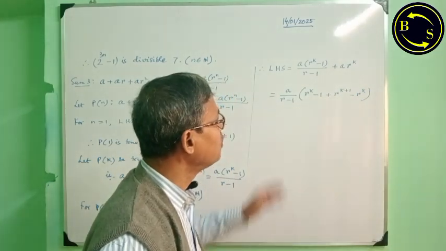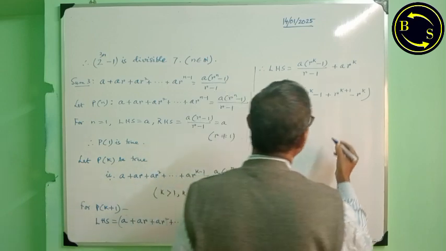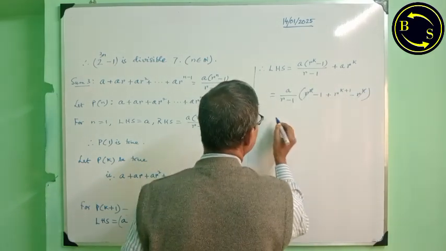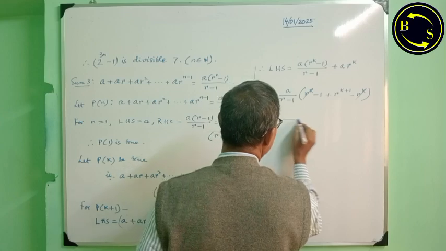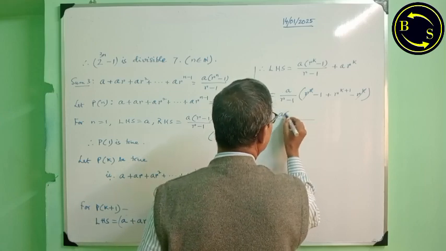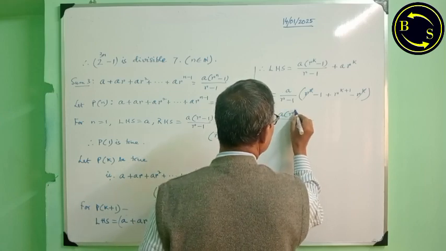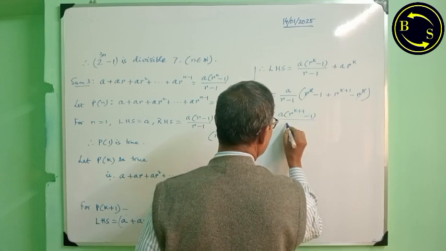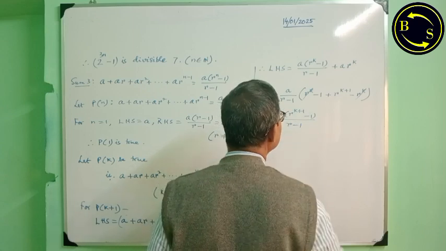We have simplified this. Now, these two terms are cancelled. What we get? A within brackets R to the power k plus 1 minus 1 by R minus 1.